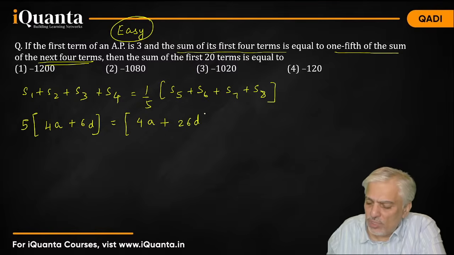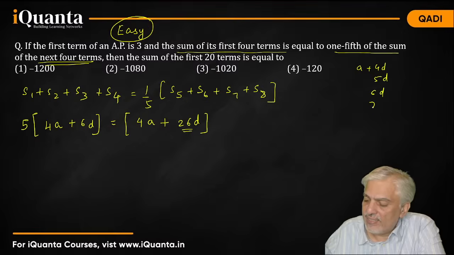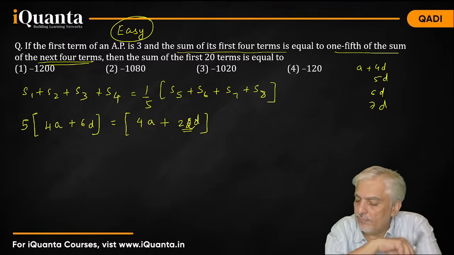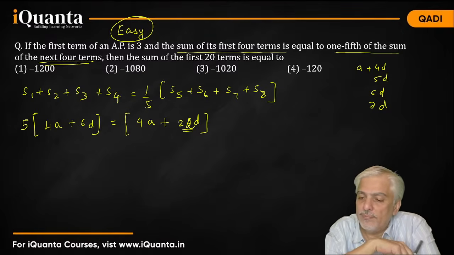This I need somebody to check. Just check if this is coming 26 or not. S5 will be A plus 4D, 5D, 6D, and 7D. No, 22D. Sorry, not 27. 22D.